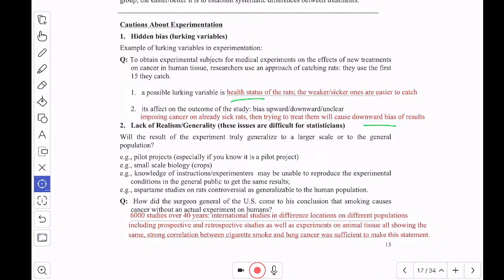So if it's some fertilizer you're developing, you want to first test it in a pilot study on a small scale in a lab, and make sure it's safe and do all of those things in a safe environment.